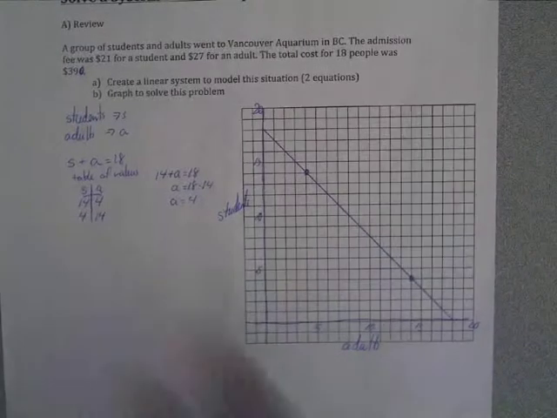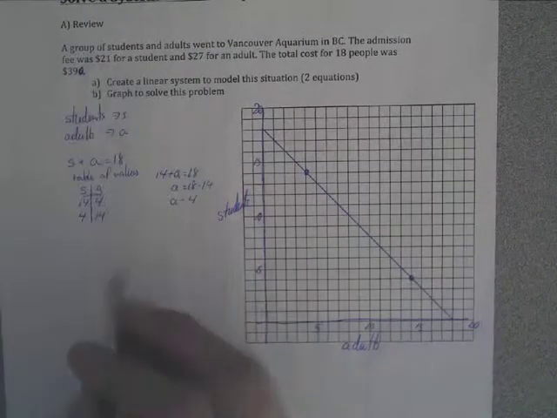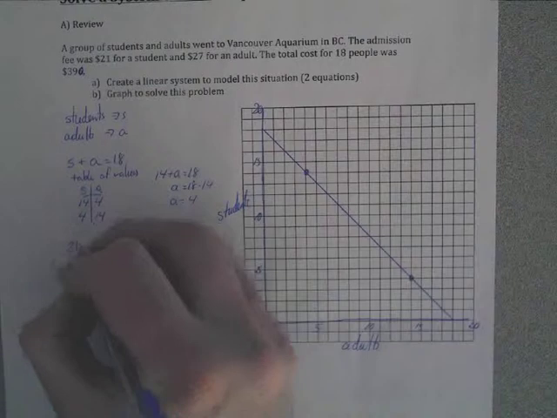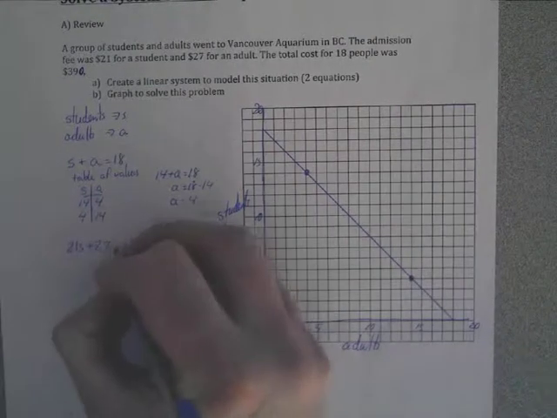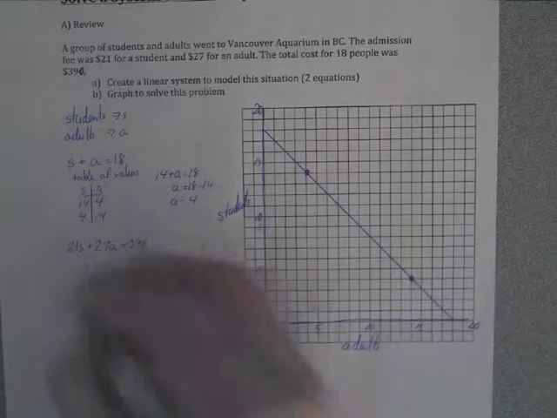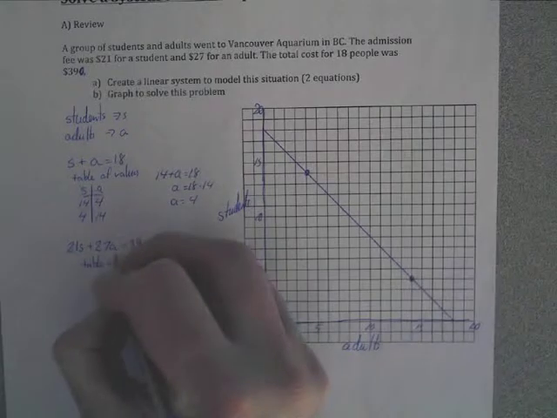Now, second equation, $21 for a student, $27 for an adult, so 21S plus 27A equals 390. Once again, table of values.